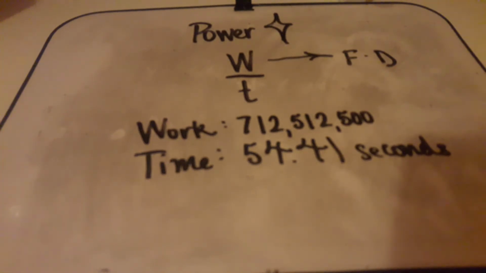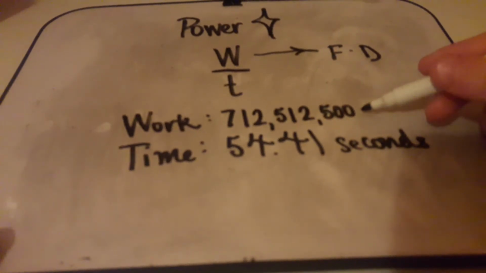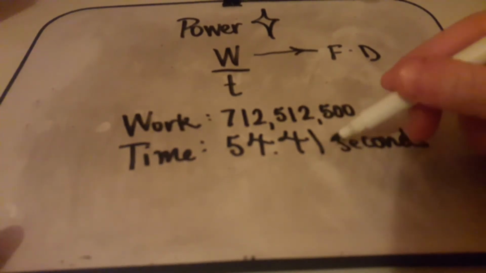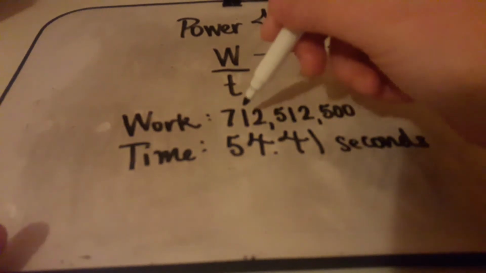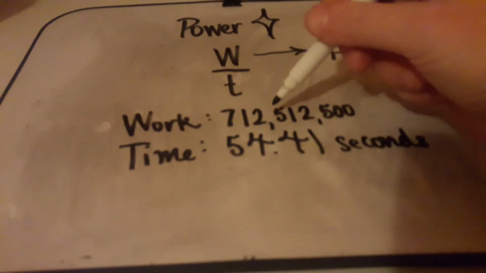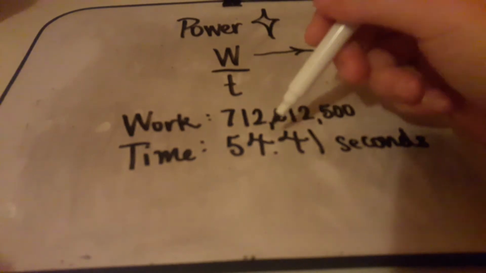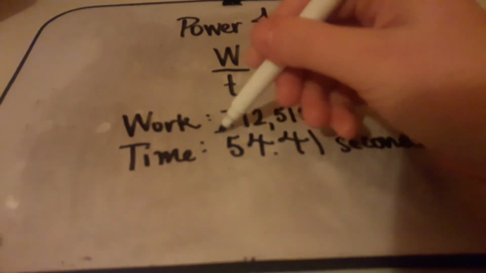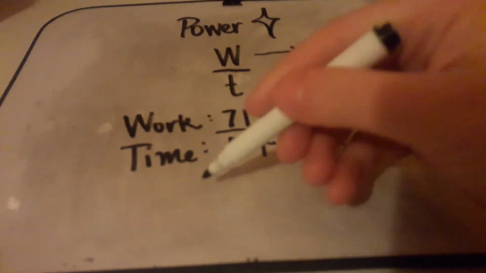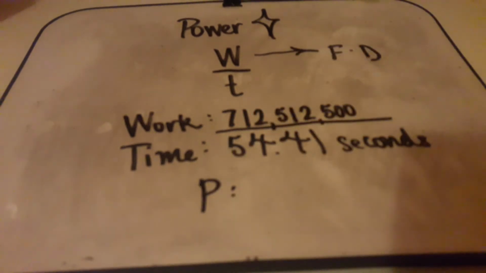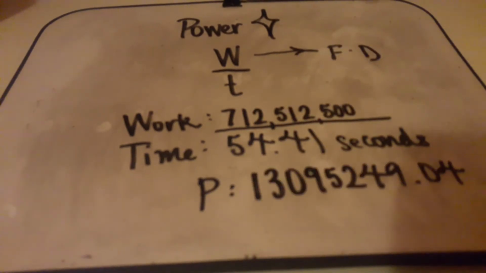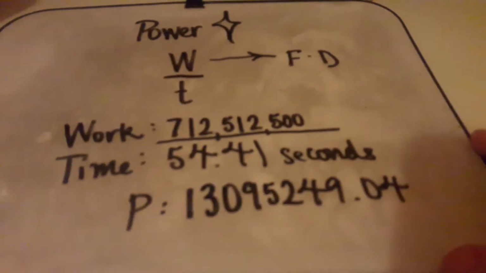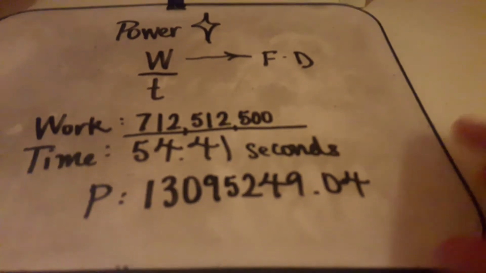Now how we're going to set it up is we're going to divide the work by the time right here. So 712 million divided by the 54 seconds is going to equal this big number right here.